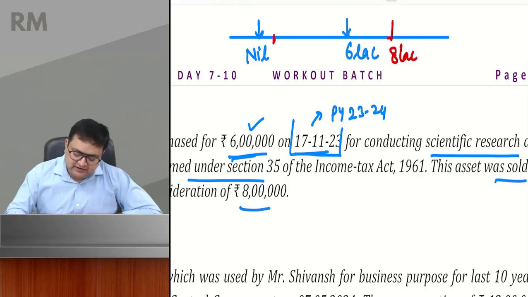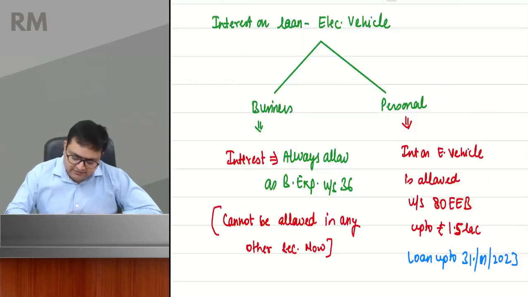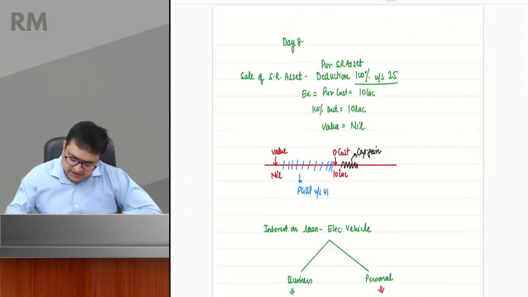So you will say that up to the original cost it is PGBP income, and over and above it, it's a capital gain. 8 minus 6, so 2 lakh is the capital gain, and PGBP income is 6 lakh. I've already explained this here. I think you joined late.